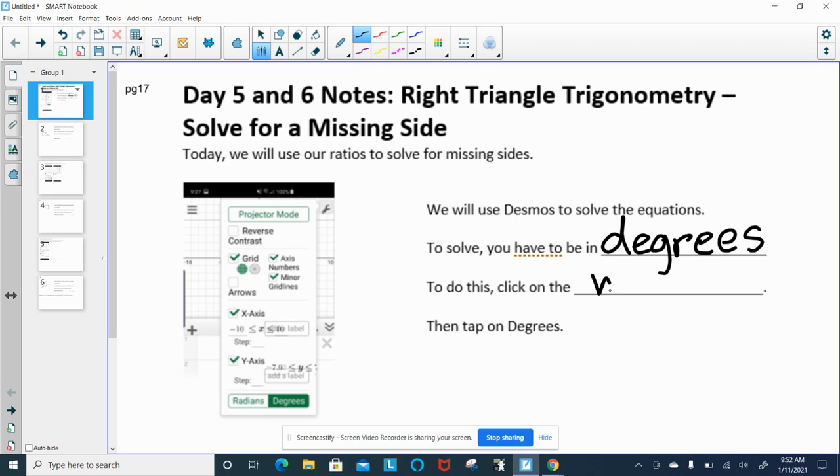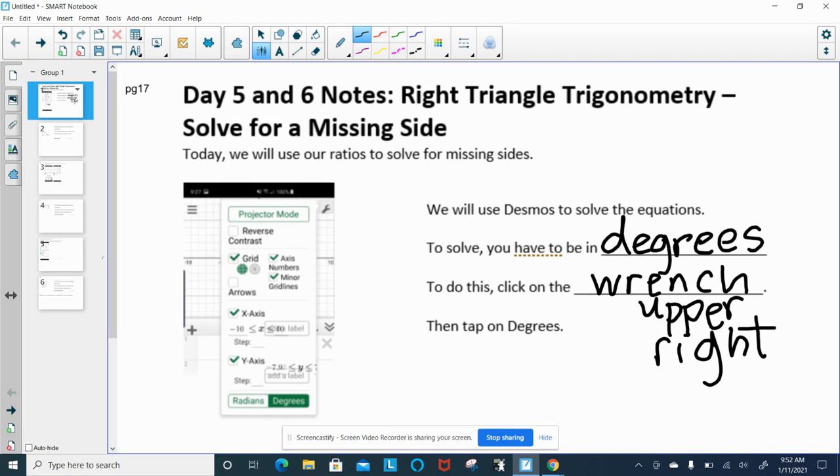So we click on the wrench, and that's in the upper right. And then you tap degrees. And then to get that screen to close, you just tap the wrench again, and it'll go away.